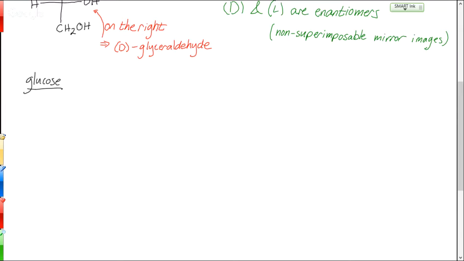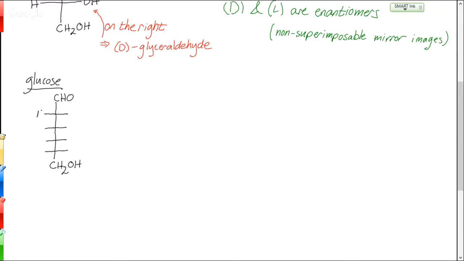Glucose is a 6-carbon sugar called a hexose, because ose means sugar and there's 6 carbons. And we're going to look at its Fischer projection. And we're not even really going to worry about its dash and wedge notation, because it's big, it ends up being really confusing. So just like glyceraldehyde, glucose is going to have an aldehyde on the top and an alcohol on the bottom, CH2OH. And instead of one line in the middle with stereochemical significance of OH and H being on one side or the other, it has 4 because it has 6 carbons total.